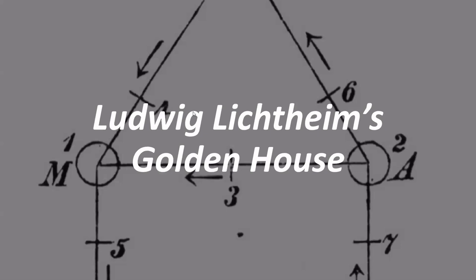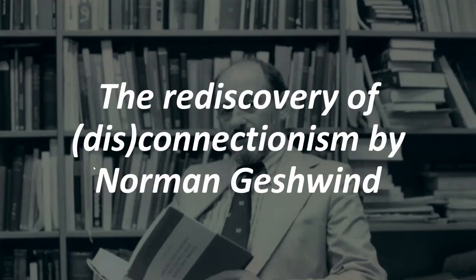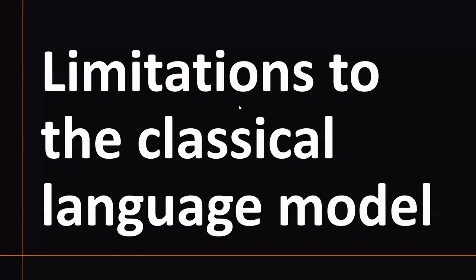And finally, after this model got kind of forgotten for half a century or so, it was revitalized by this guy, Norman Geschwind, and with a lot of success, because the model now is, I believe, still the dominant model when it comes to the anatomy of language in the brain.